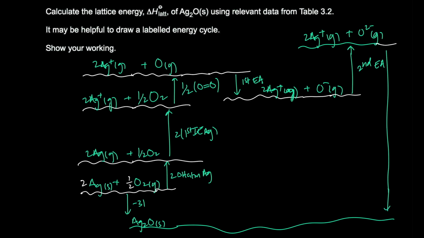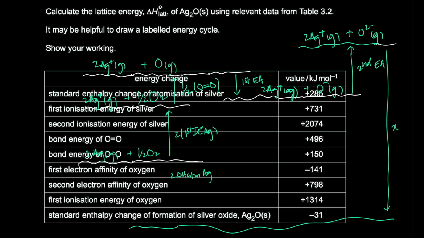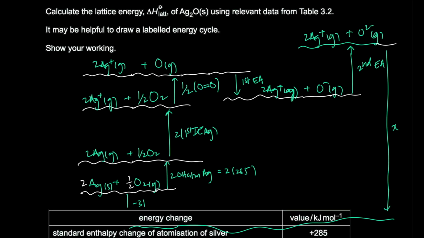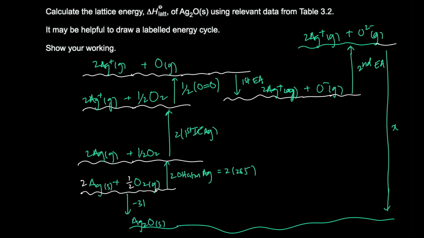That would be X. Now we're going to plug these values in. The atomization of silver is 285, so we have 2 times 285. The first ionization energy of silver is 731, so 2 times 731.